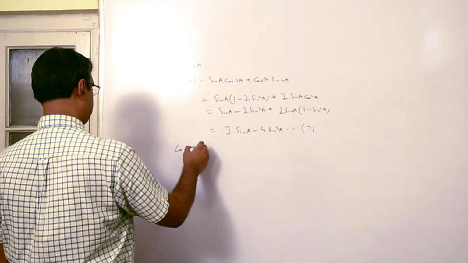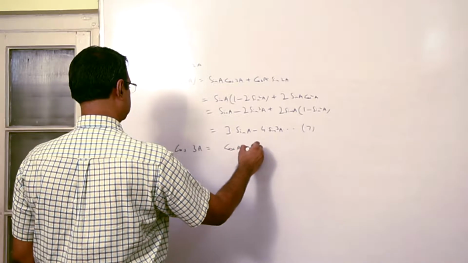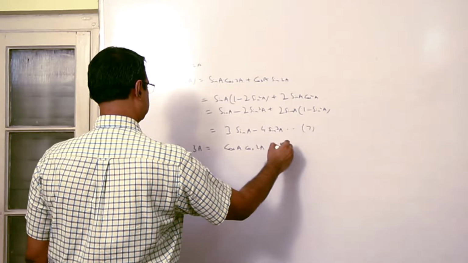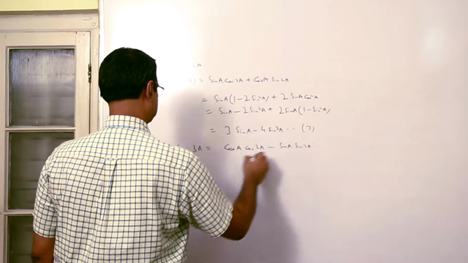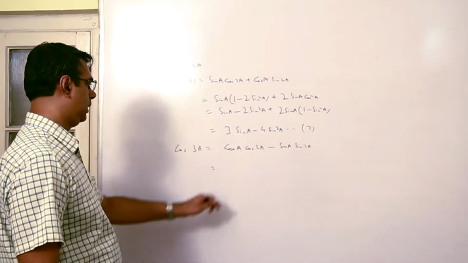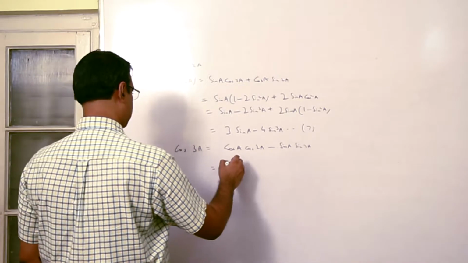Similarly, you can derive this formula for cos 3a. Cos 3a is cos a cos 2a minus sin a sin 2a.